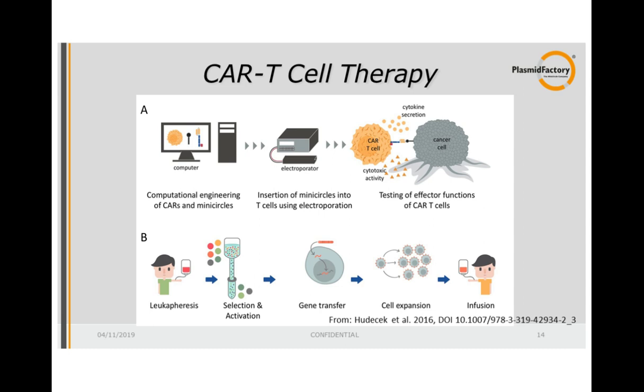They are small, they go to the nucleus, and this was combined with the Sleeping Beauty technology of the MDC in Berlin. This technology allows a gene to jump into the genome to make the CAR T cell from a T cell, and this jumping into the genome is done by the Sleeping Beauty technology.